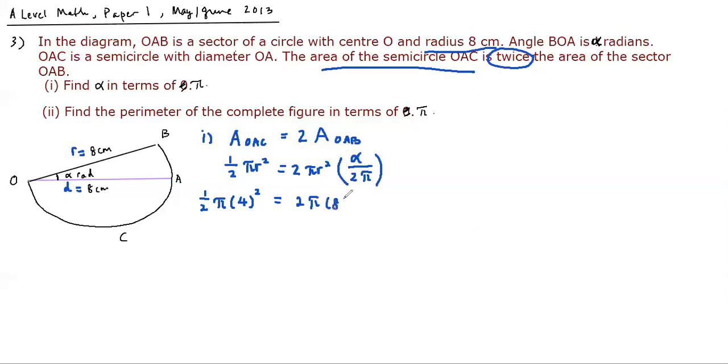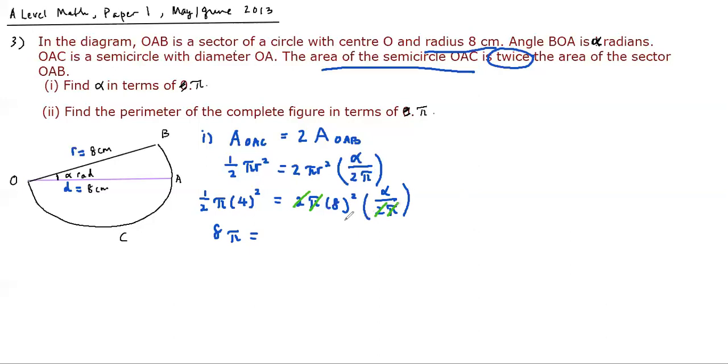So that would give you the square of 8, and then you have alpha over 2 pi. Let's simplify this. This will give you 16 over 2, so 8 pi on the left side. And on the right side, you have a pi and a pi which can be cancelled off, and a 2 and a 2 that can be cancelled off as well.